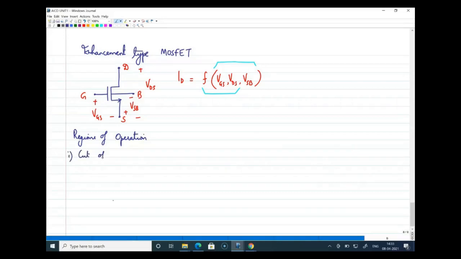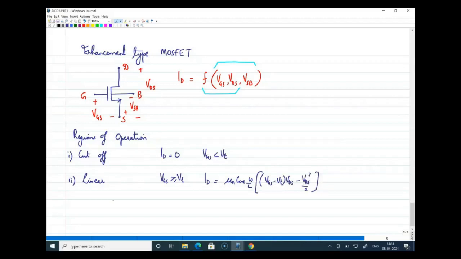We know that the first region is cutoff, where your current is equal to 0 and your VGS voltage is not sufficient enough to turn on the device. And the second region is called linear, where you are applying a VGS which is greater than or equal to VT, that results in a current whose value can be written as mu Cox W by L into (VGS minus VT) into VDS minus VDS square by 2.